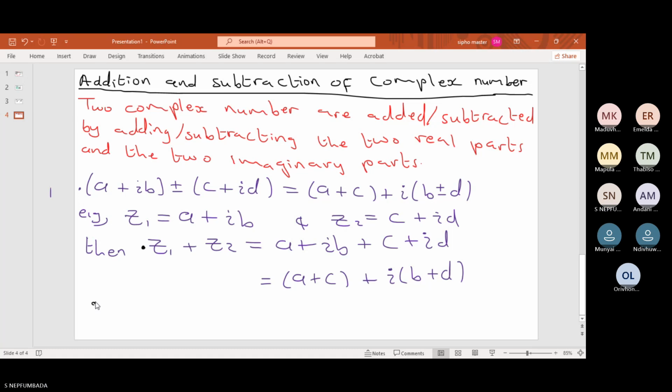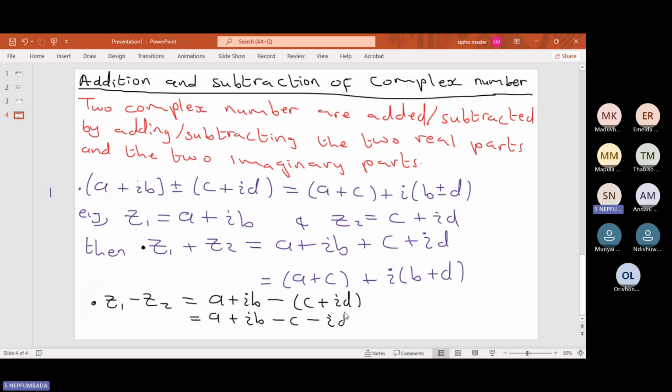So now, our z1 minus z2 is nothing but equals to a plus ib minus, I put a bracket, c plus id, whereby this one is like a plus ib minus c minus id.